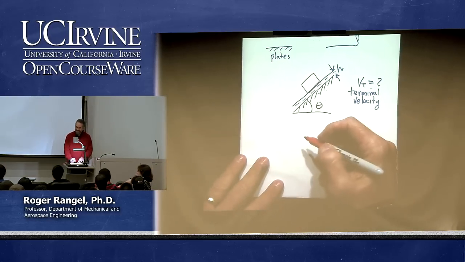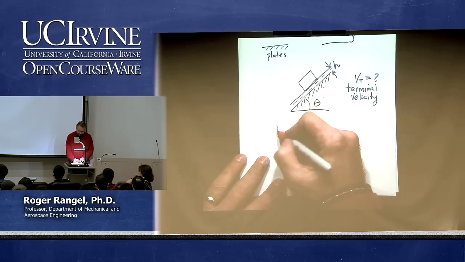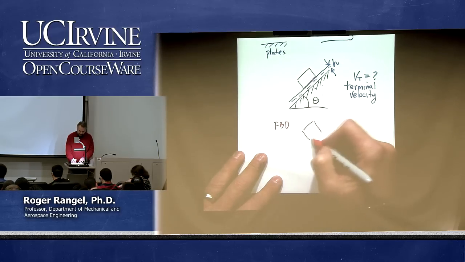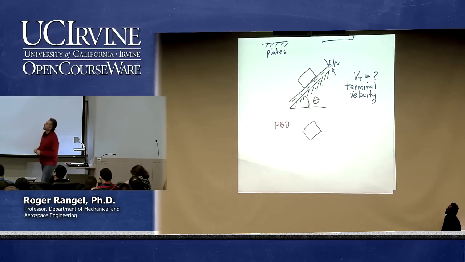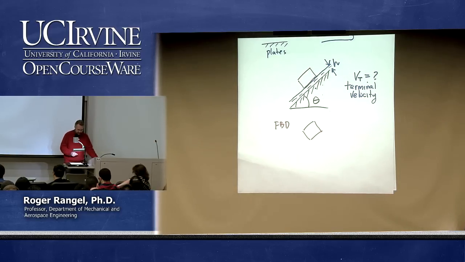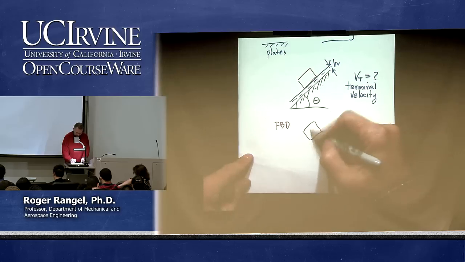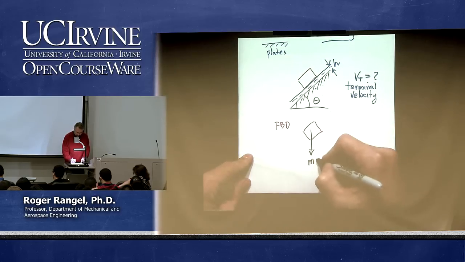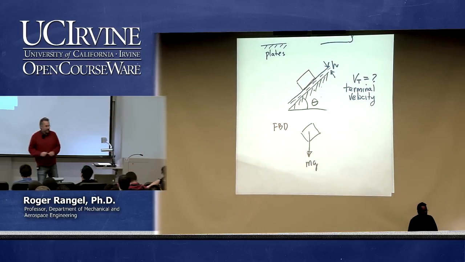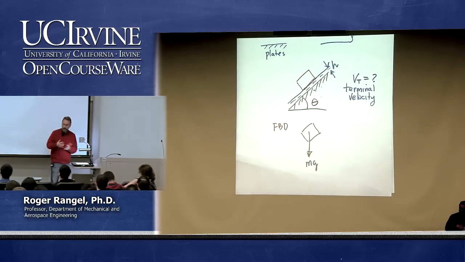So, first thing you do is a free body diagram of your block. So there's my block. And then you put the forces that are acting on it. What forces are acting on this block? Its own weight, mg. And? No, it's just the friction due to the film.